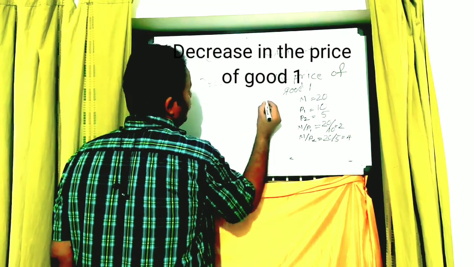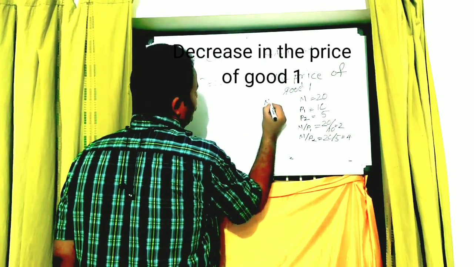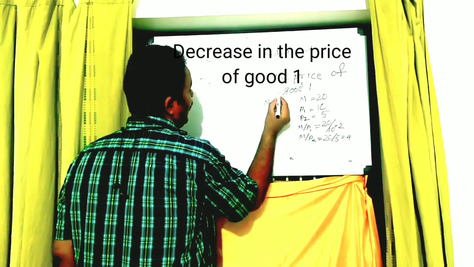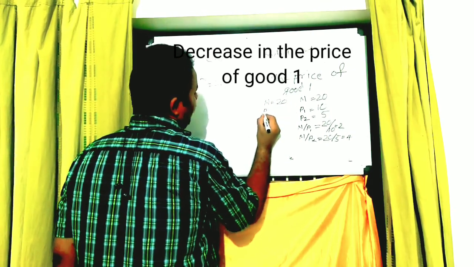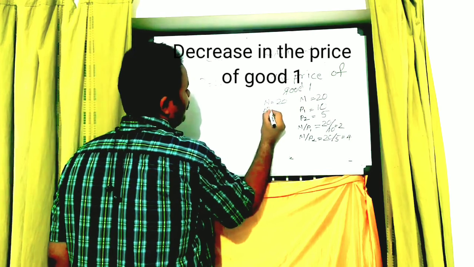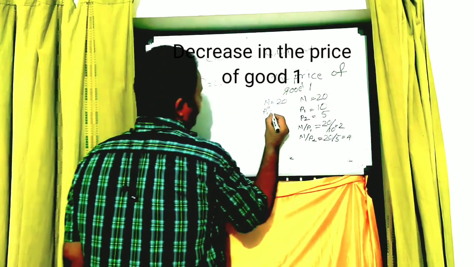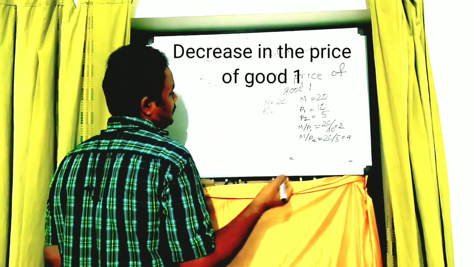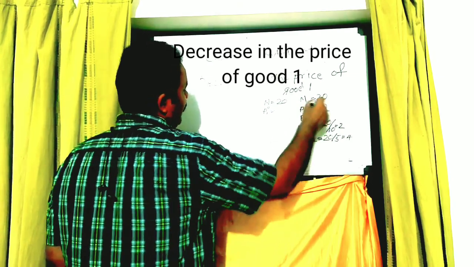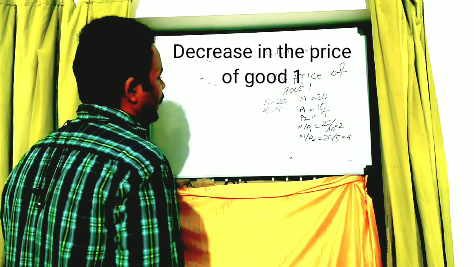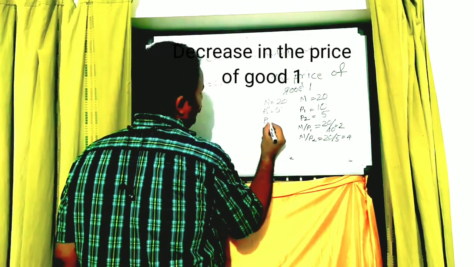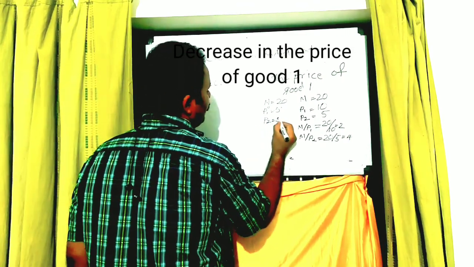At that time there is no change in the income of the consumer, that is M 20. P1 will change to P1 double dash. That means the price of the first commodity is decreasing from 10 to 5. There is no change in the price of good 2, P2 is equal to 5.